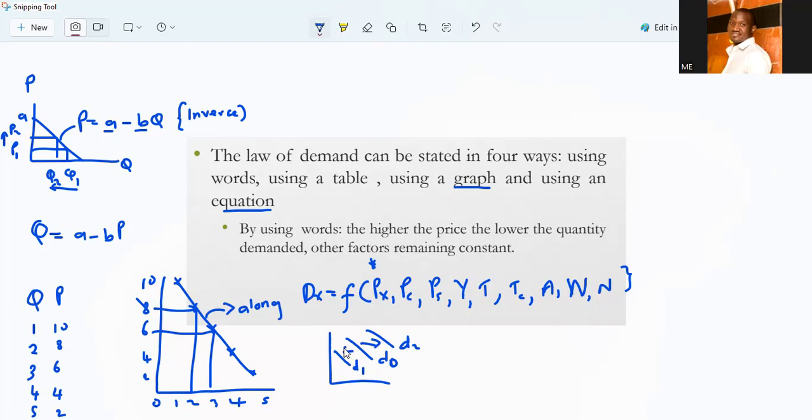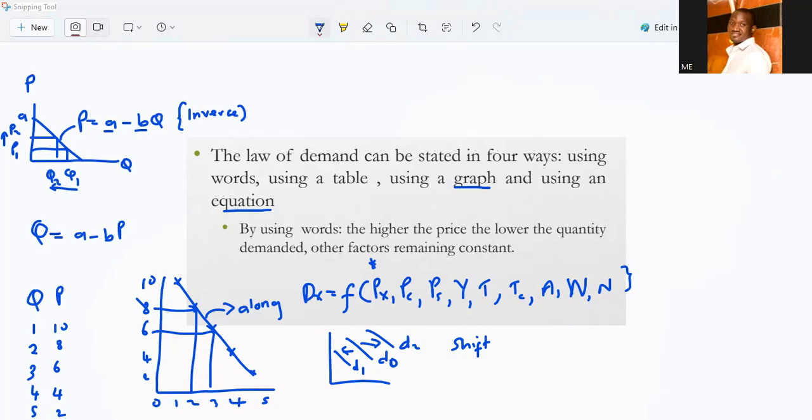D0 to D1 is a shift to the left. So a shift can occur when there are changes in demand, in taste, in income, in preferences. So the shift comes about because of the explanation that I've given you.